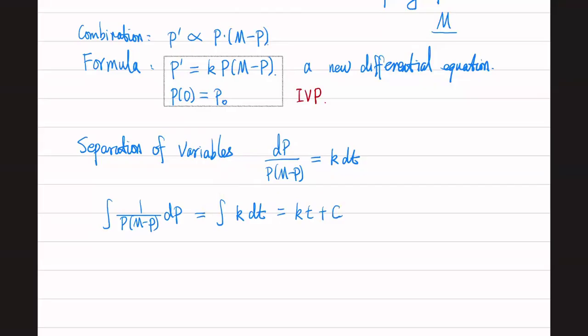How do we integrate this one? In this formula, M is the capacity, M is a constant. What method do we have to find this indefinite integral? Sophia, any guess? How do we move forward from here?